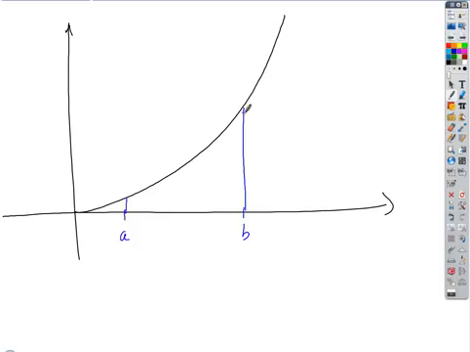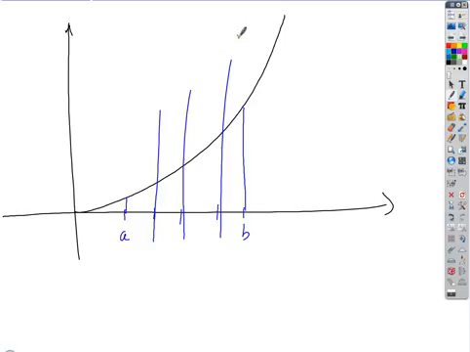Okay, so let's say arbitrarily we're going to break this into 4 equally spaced rectangles. This is the area that we're trying to approximate. Let's just slice this area into 4 separate slices. Each slice we're going to approximate with a rectangle.